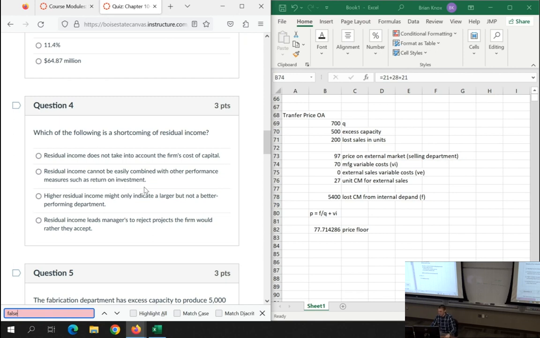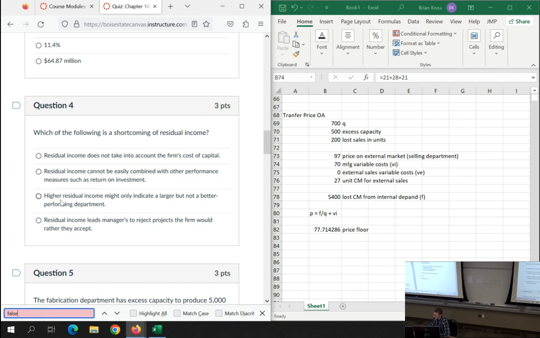Usually firms don't take away ROI. They say, here's an ROI incentive, and here's a kind of a rider to your contract that also says you have to reach this level of residual income, or we're going to add extra bonus the higher your residual income. We're going to add on to the ROI. So no, it can be combined, and it usually is. So this is false. Number B is false here.